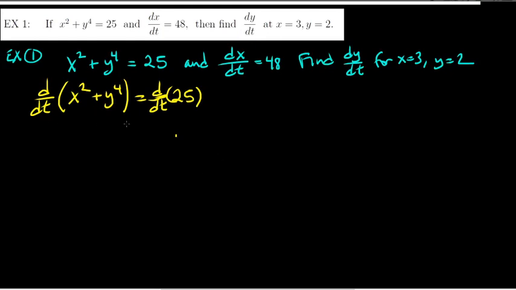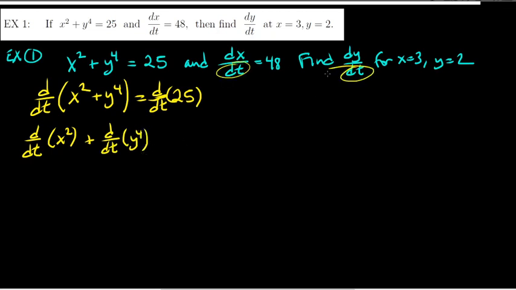Taking the derivative here, on the left side, we'll just use the sum rule. So the derivative of x squared is not 2x. Why not? Well, because we're taking the derivative with respect to t. Using the sum rule, we're taking the derivative of x squared plus the derivative of y to the 4th, but notice it's with respect to t.